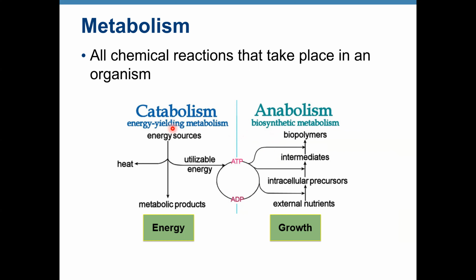Because what catabolism does in your body is release energy, and this energy is used to synthesize ATP. Now for anabolism, if you need to build something from nutrients, you need to build big polymers, you need to use this energy, right?